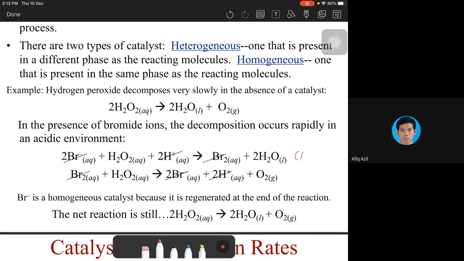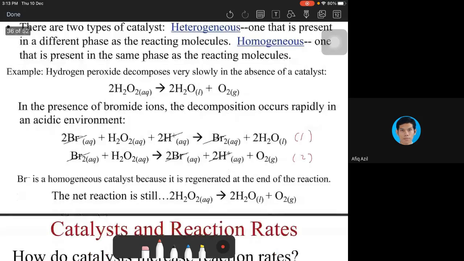Okay, this is part one, and this is the product that you want. So Br minus, or bromide, is a homogeneous catalyst because it is regenerated at the end of the reaction.